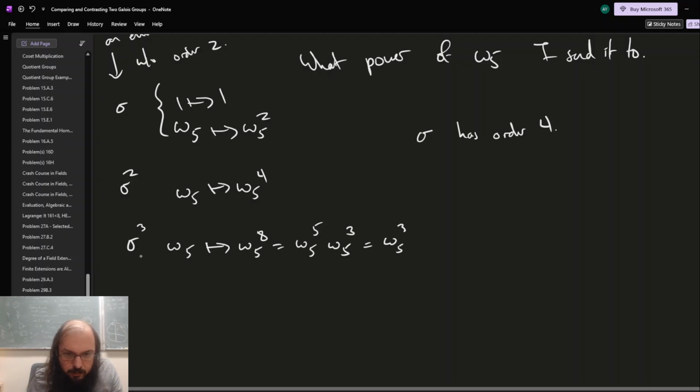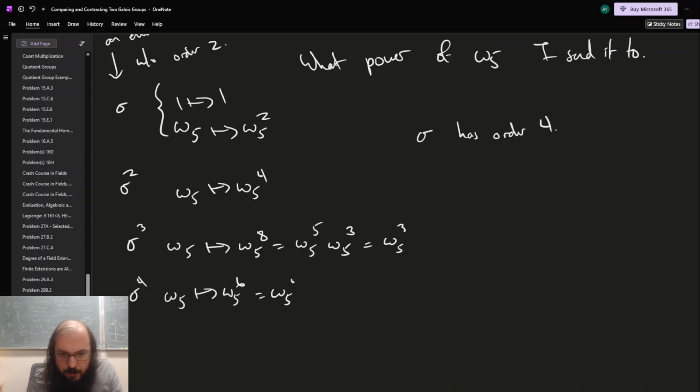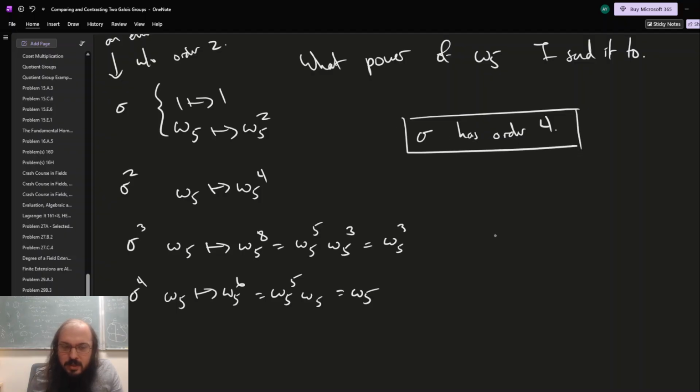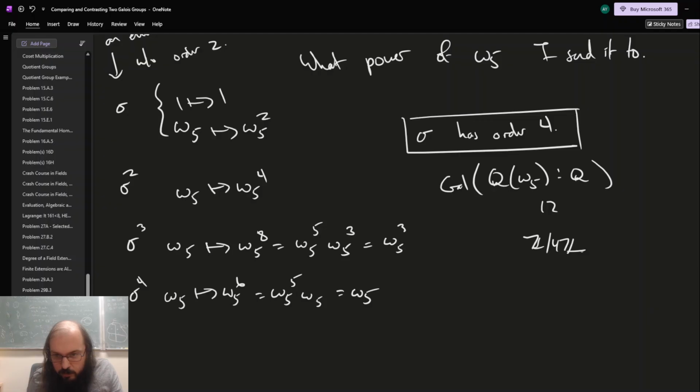And indeed it does, because sigma to the 4 takes omega 5 and sends it to omega 5 to the 6, which is equal to omega 5 to the 5 times omega 5, which is omega 5. So I knew this by abstract reasoning before I calculated anything. And in particular, I could see that the Galois group of Q adjoin omega 5 over Q was isomorphic to Z mod 4Z.